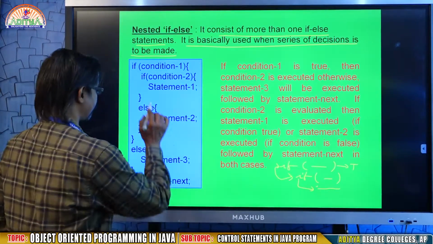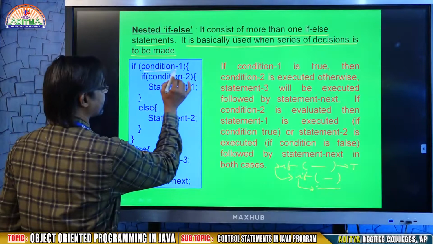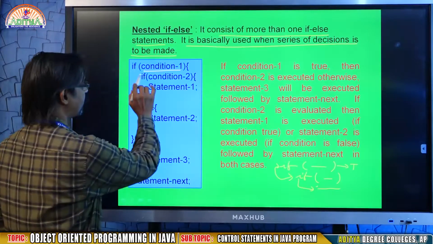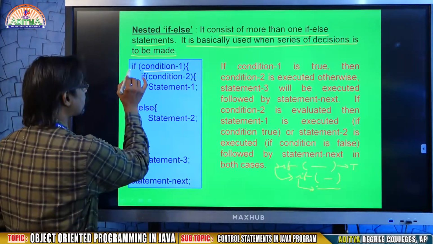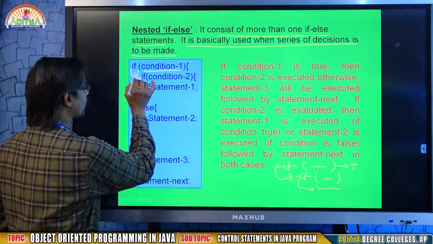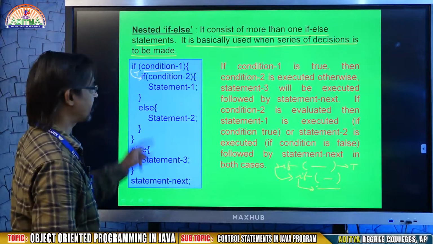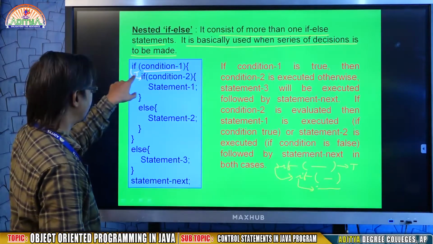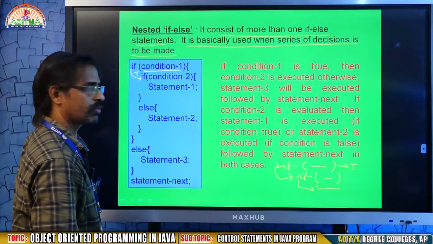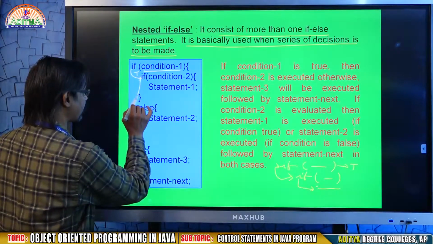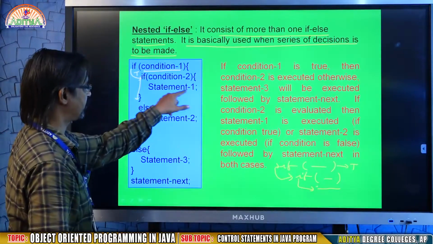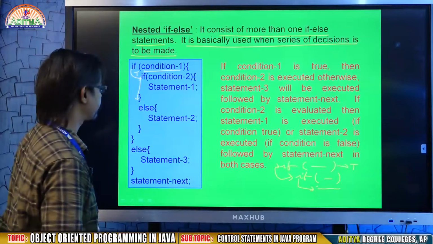Now see this syntax. Here, if condition 1, if it is true, it will go to condition 2. If the condition 2 is true, then it will execute the statement 1 block.